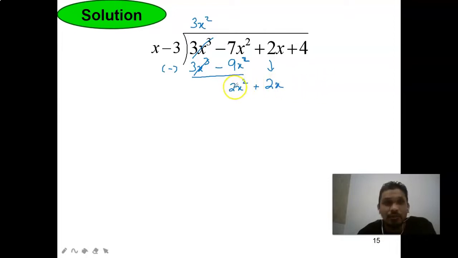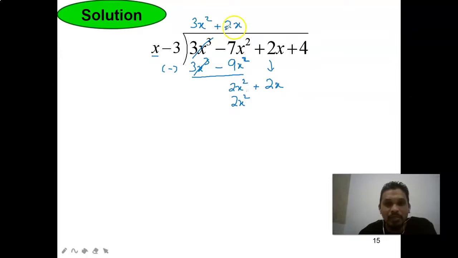So 2x squared divided by x equal to plus 2x. So 2x multiplied with x gives 2x squared.